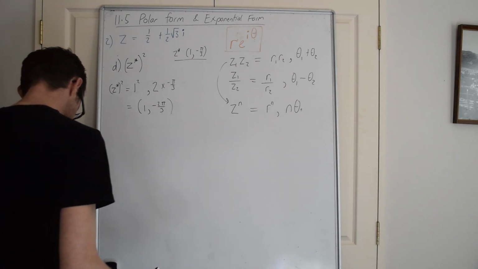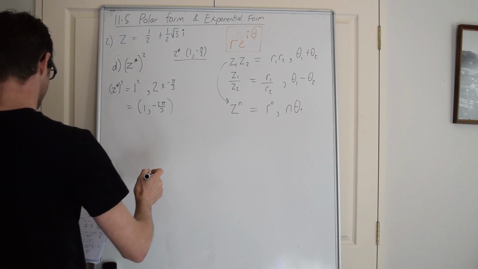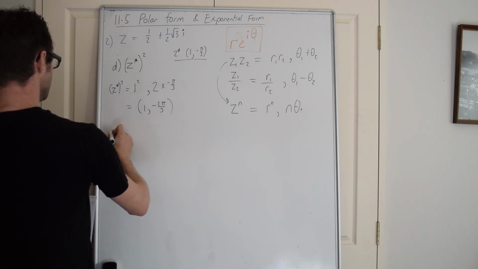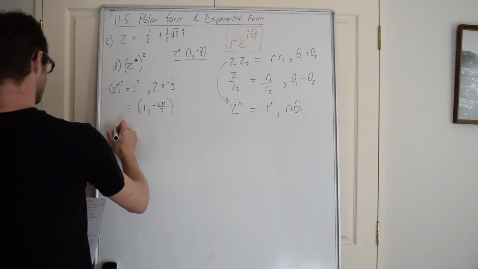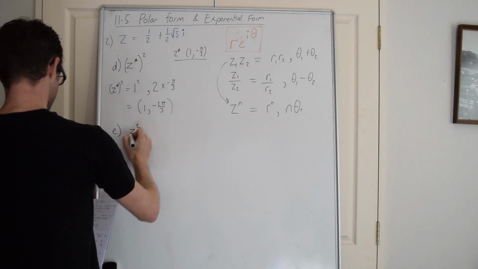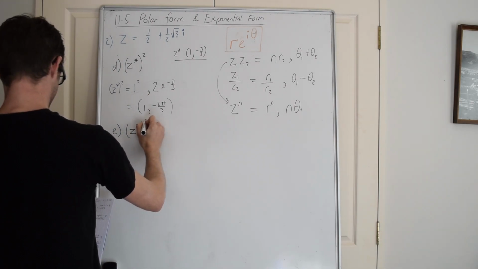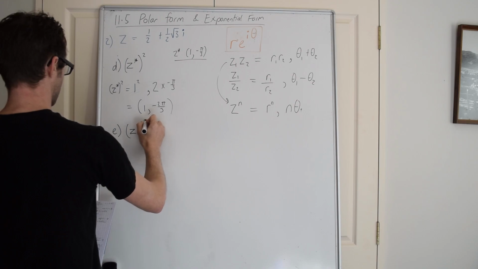Okie dokie. Now, I think the next one, E, is very similar. E is Z squared star.